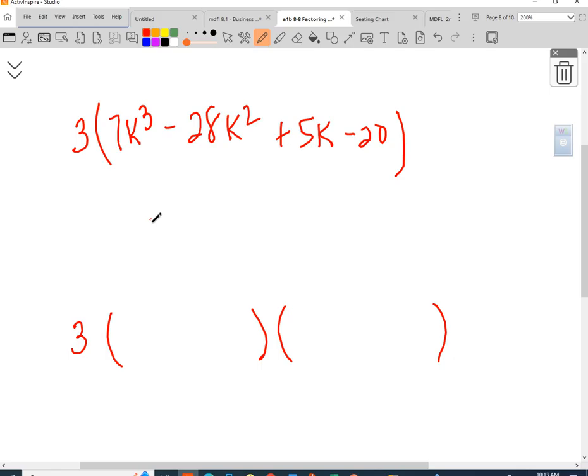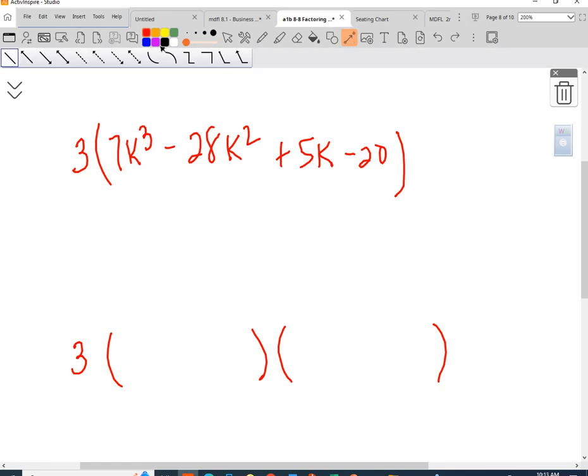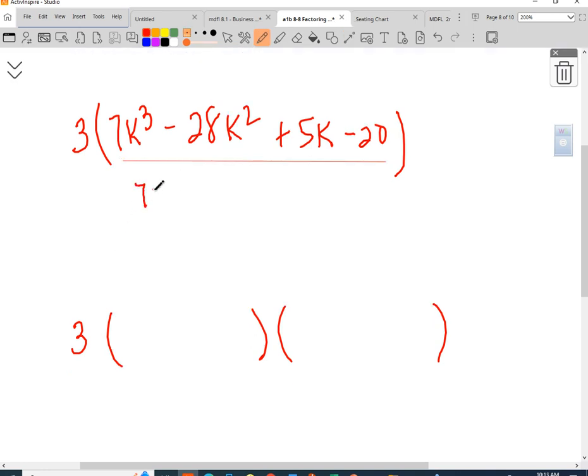So now we can ignore that 3. We put it in our answer blank. Now this is the part we're working with. I'll rewrite it here so it won't be confusing: 7k cubed minus 28k squared plus 5k minus 20. Now we're going to start with our steps.